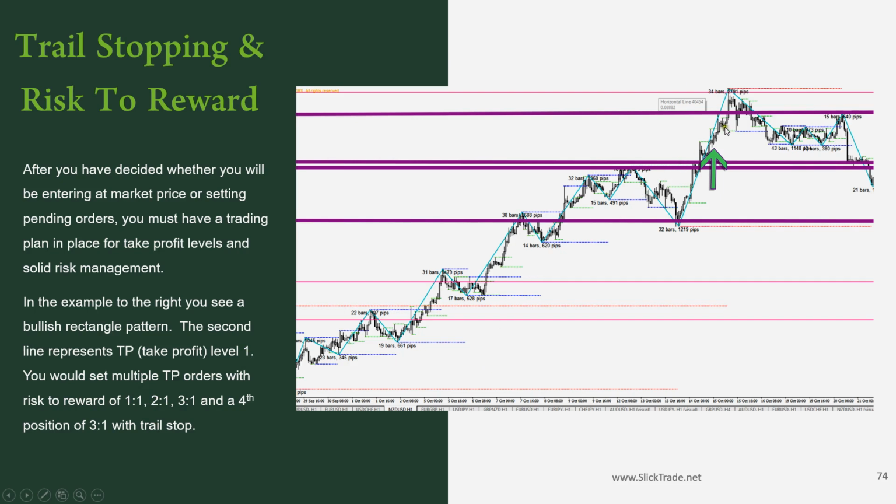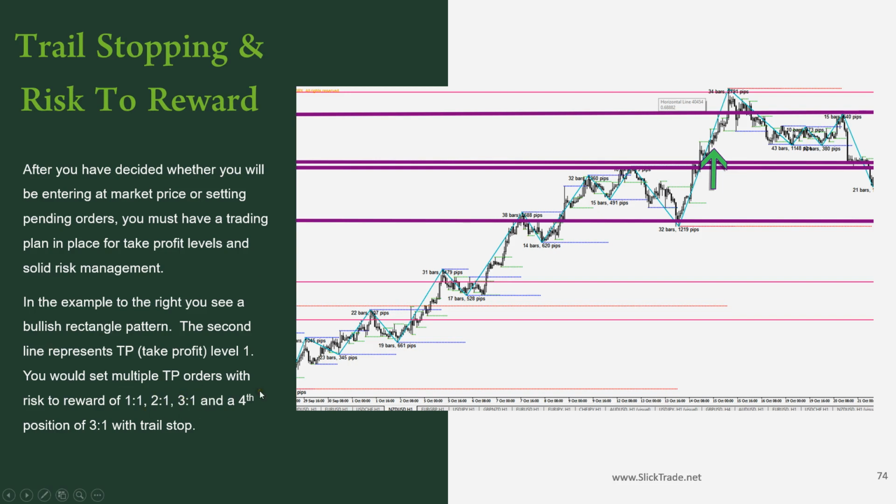Your 2 to 1 is set at a higher take profit. So once it hit that first take profit, you would move that stop loss to a break-even point. I don't trail stop that second one though. That's all I do is move that stop loss immediately, so that if it does go back against you, it's taking you out of the trade at, you know, positive a couple pips or just at a break even. Same with the 3 to 1.